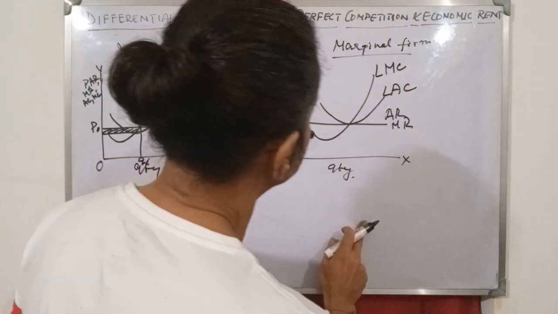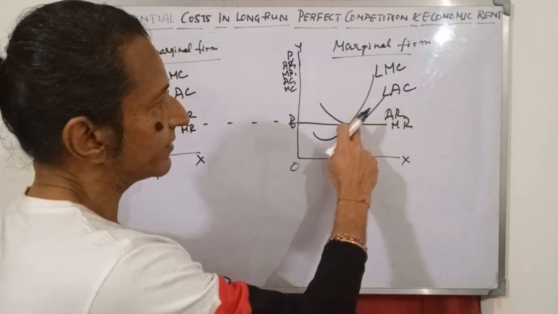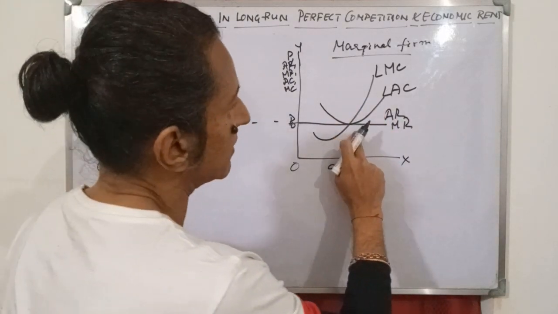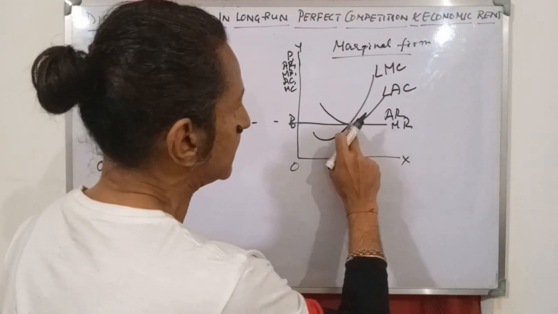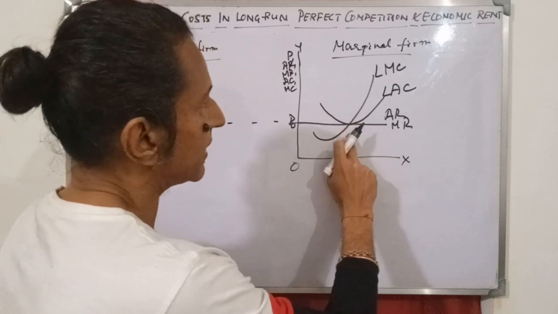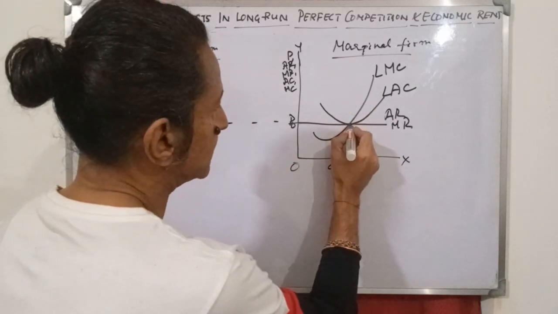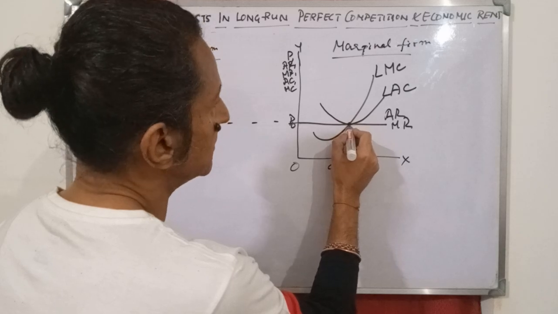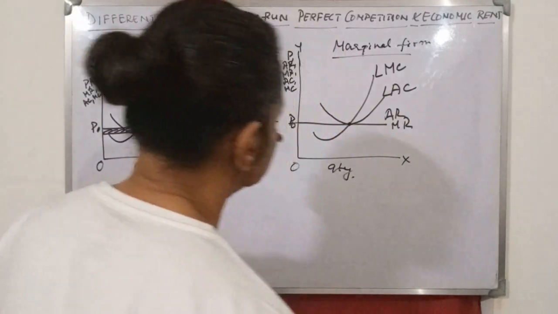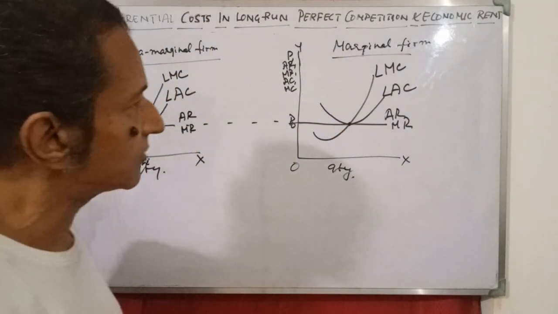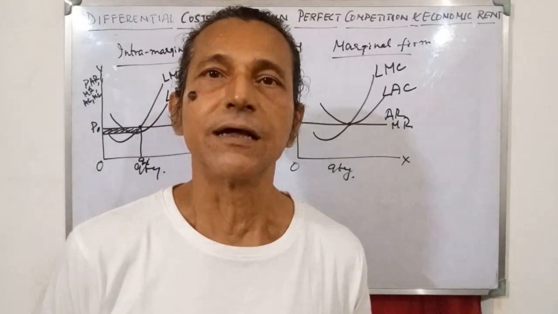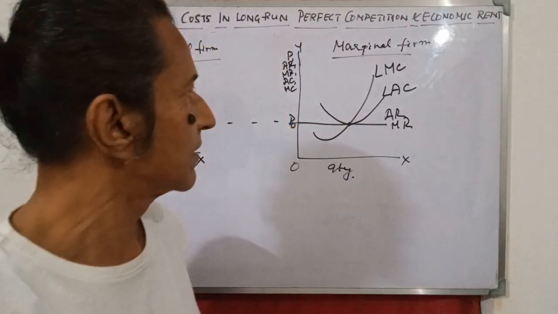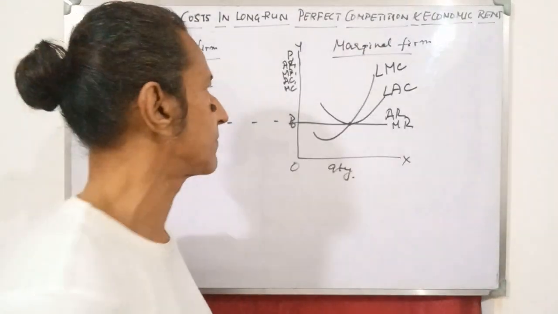And in this case, you can see the long run average cost curve touches the average revenue curve at that point where MR and MC intersect. That is at this point. And it is the minimum point of the long run average cost curve, because we know that the marginal cost always intersects the average cost curve at its minimum point.